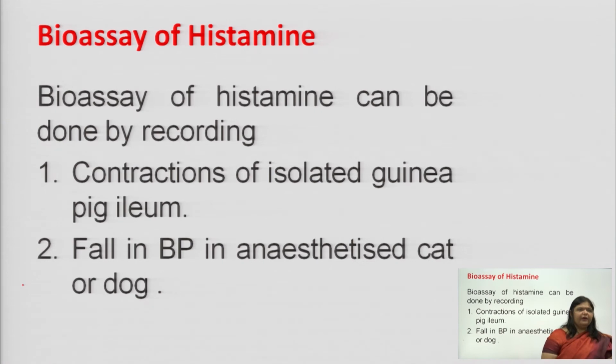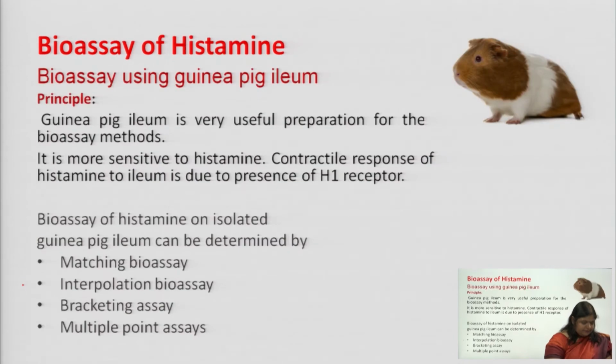Now to carry out bioassay of histamine, we can record contractions of guinea pig ileum. Again, it is by a graded method, and we can also carry it out by a quantal method, that is fall in blood pressure in anesthetized cat or dog. It can also be used to carry out bioassay of histamine.